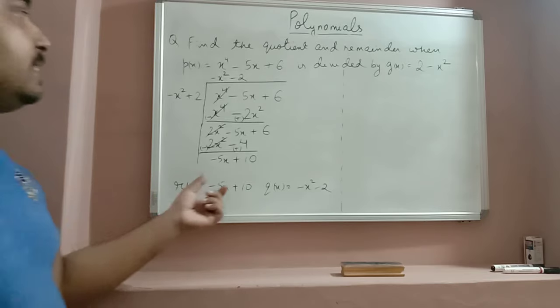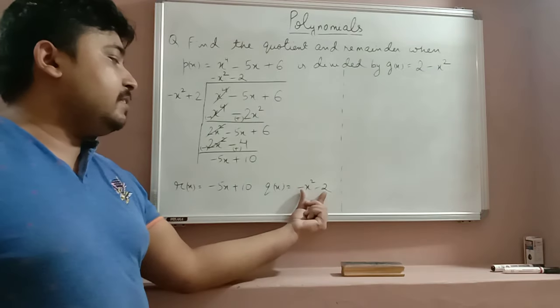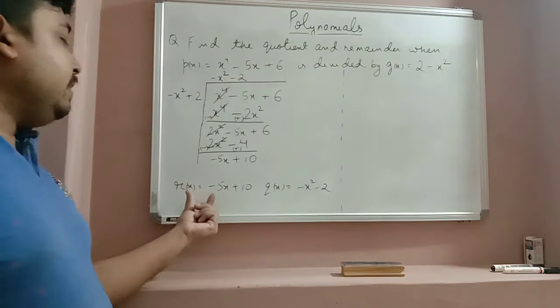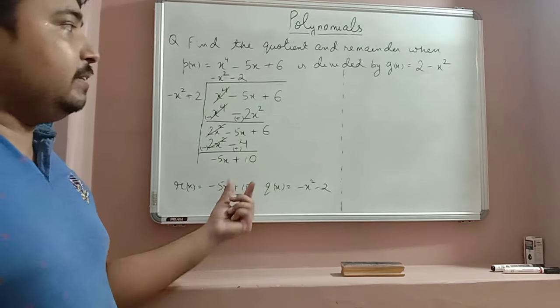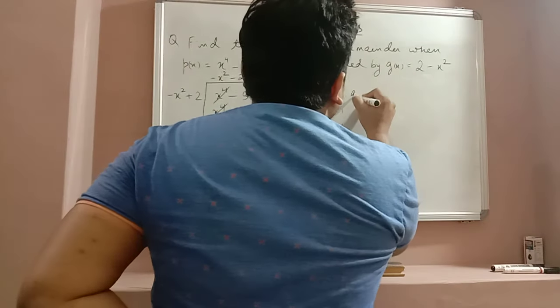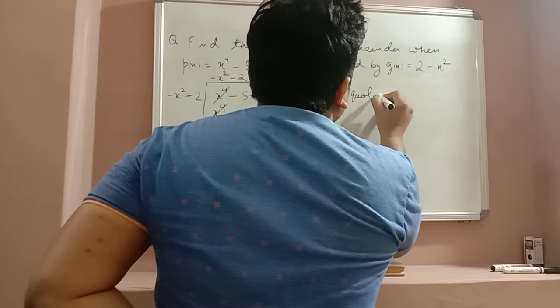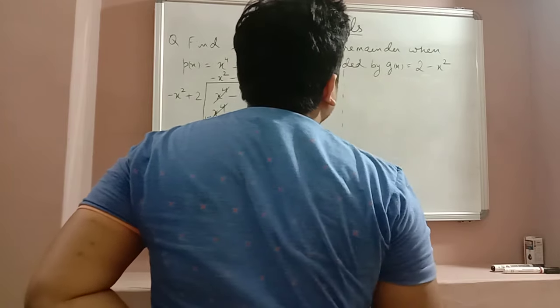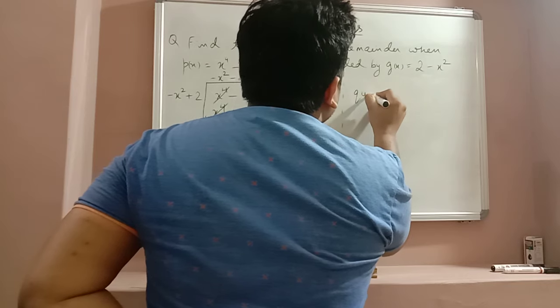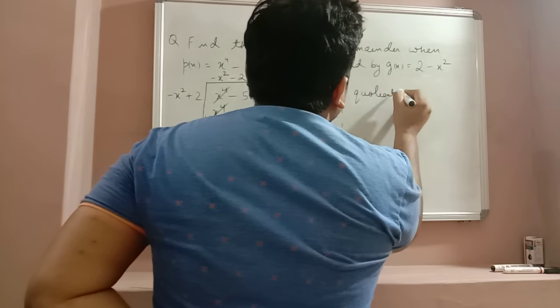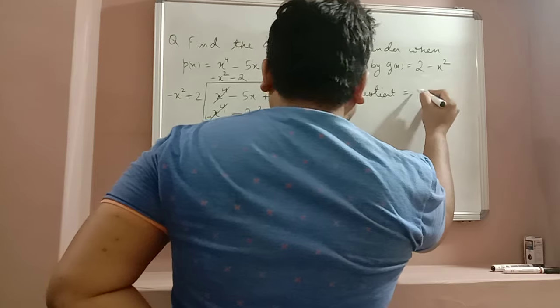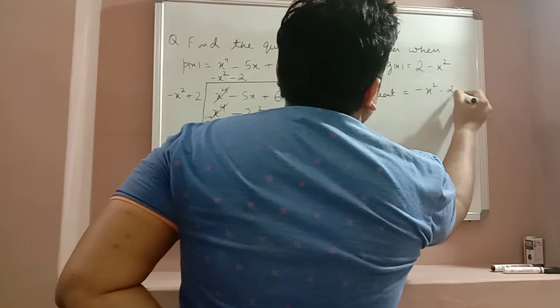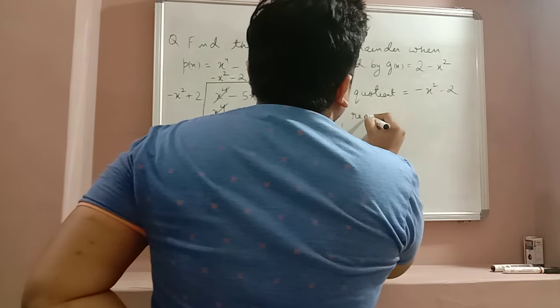So simply we can say that the quotient is minus x square minus 2 and our remainder is minus 5x plus 10.